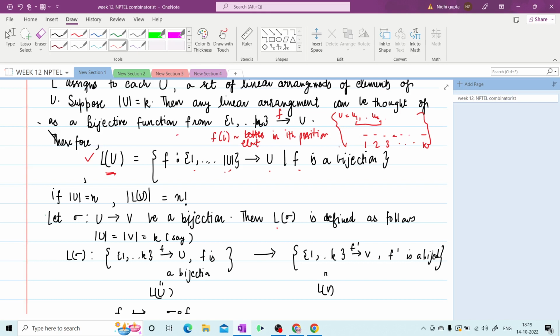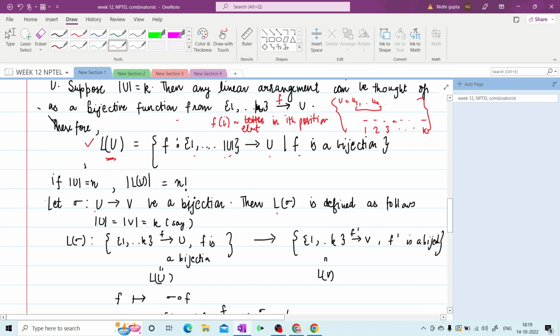Now if sigma is a bijective function from U to V, that means each element Ui has a unique image and every element of V has a pre-image also. So the intuitive way to define this map: suppose U is equal to {U1, ..., UK}, and our sigma is sending U1 to V1, U2 to V2, and UK to VK.